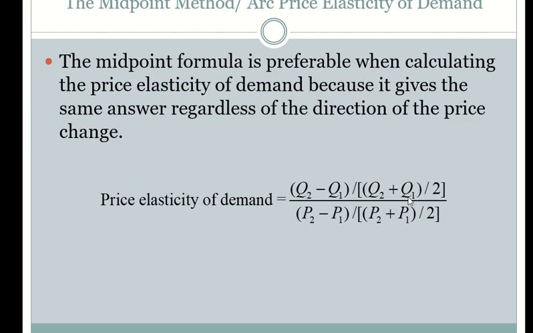So instead of the initial quantity, we're dividing the difference between these two quantities by the average or midpoint of the two quantities. So (Q2 plus Q1) divided by 2. In the denominator, we're looking at percentage change in price. That's the difference between the prices divided by the midpoint of those two prices instead of the initial price.